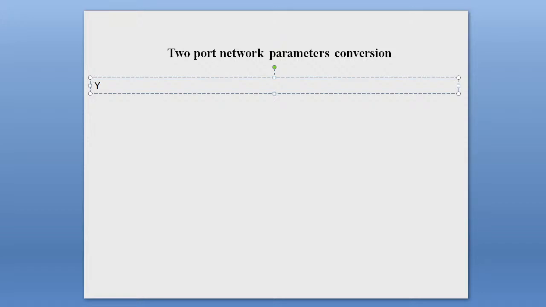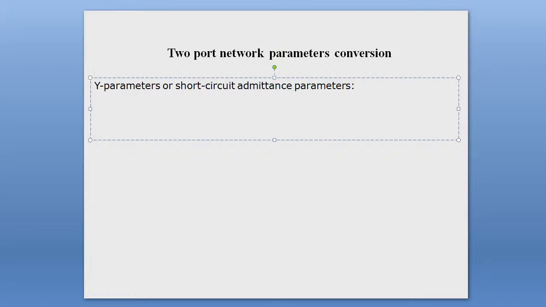Now you calculate the values of Y parameters, short circuit admittance parameters. In the previous case when we considered Z parameter, we considered that V1 and V2 are dependent variables, and I1 and I2 are independent variables.